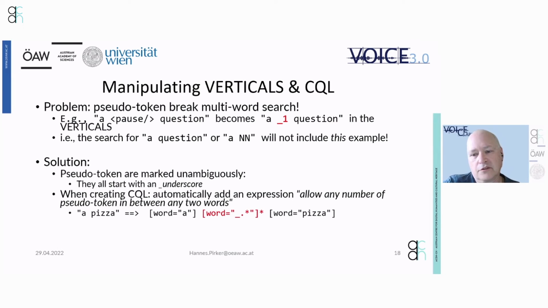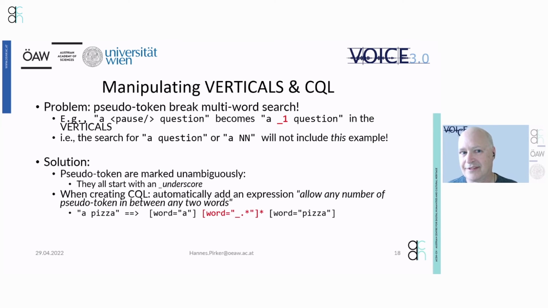Therefore, if you search for something like a question, and in your data you have a followed by a pause followed by question, and we encoded this as a pseudo token _1 question, we will not be able to find the word pair a question anymore, because in the underlying data, these two words are not adjacent anymore.